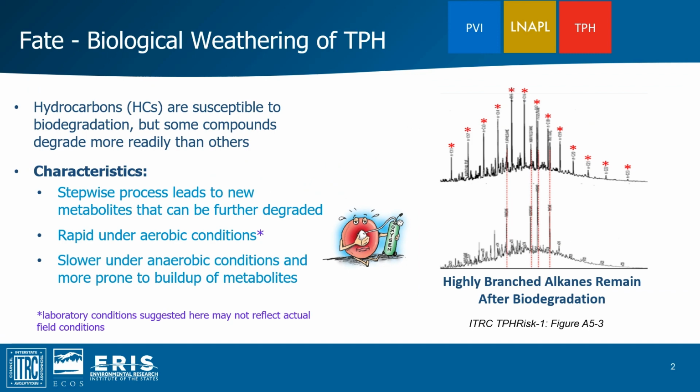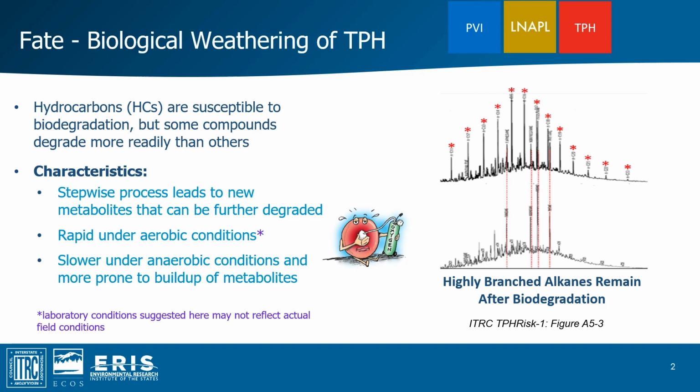Biologic weathering, also called biodegradation, is a major contributor to TPH hydrocarbon mass reduction in the environment. In addition, biodegradation generates petroleum metabolites that can be further degraded in a stepwise process. Because biodegradation requires microorganisms and adequate oxygen to support microorganisms' respiration, it makes sense that biodegradation rates depend on how much oxygen is available.